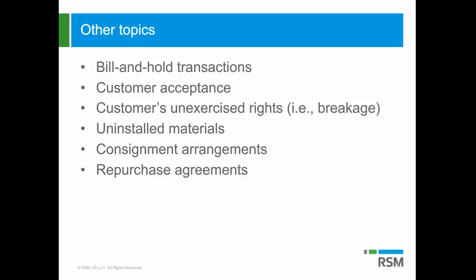If the customer has a put right, so they can put that good back to you, then you may have transferred control to the customer. It depends on a couple different facts and circumstances again, but there are different potential results. It could be a sale with a right of return, or maybe a lease, or it could potentially be a financing. So a few different scenarios, and that may be different from the treatment under today's GAAP.